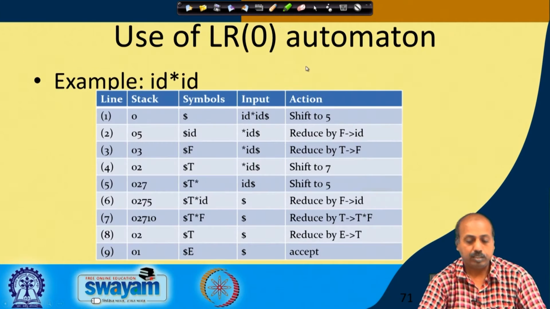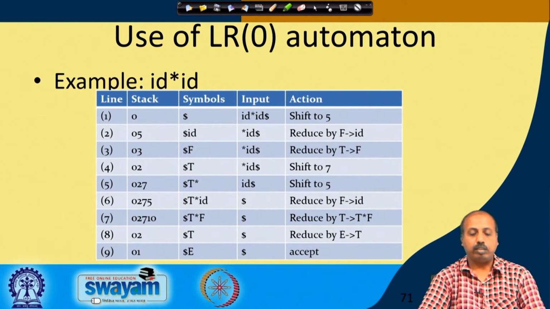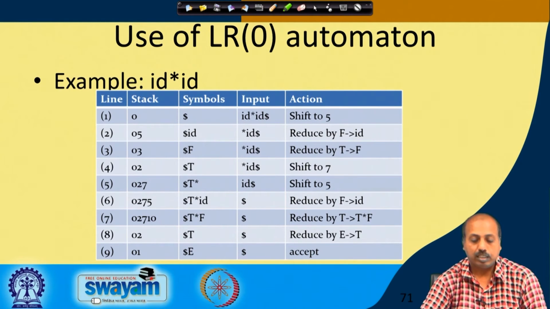Next we will be looking into how to use this LR0 automaton for identifying strings. Initially the stack contains the state 0, and the symbol is dollar, and the input is ID star ID dollar.